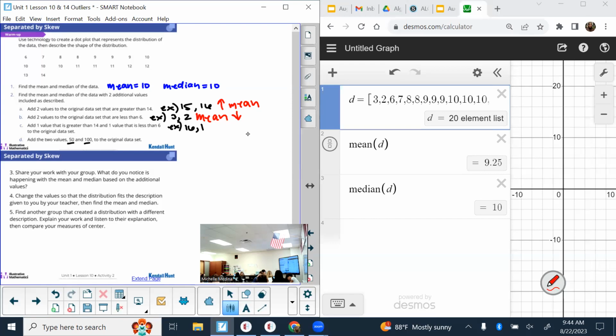And then again, make the change. Now we want for part C, greater than 14, smaller than 6. So we're going to do 16 and 1. 20 data points, and see what happened. What happened to the mean? The mean decreased.